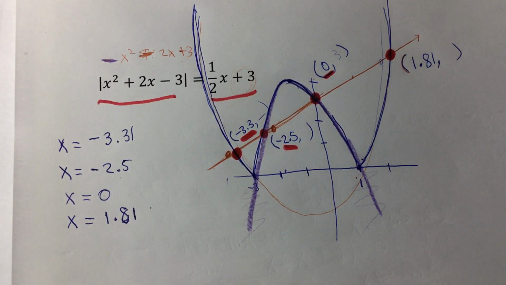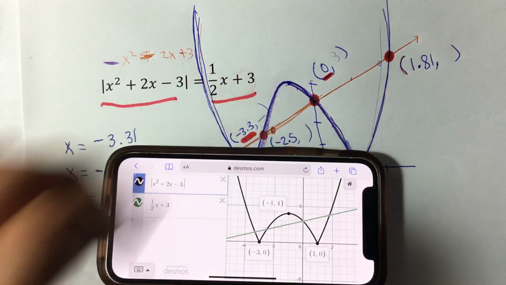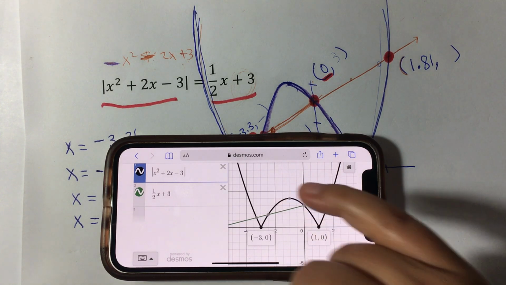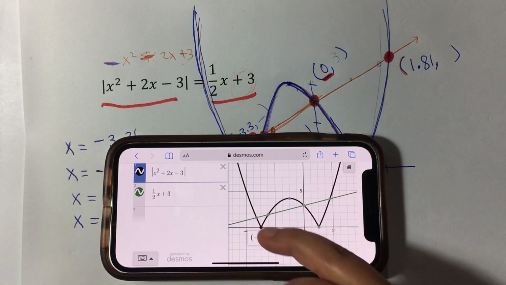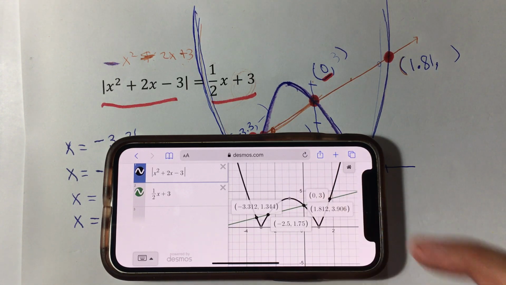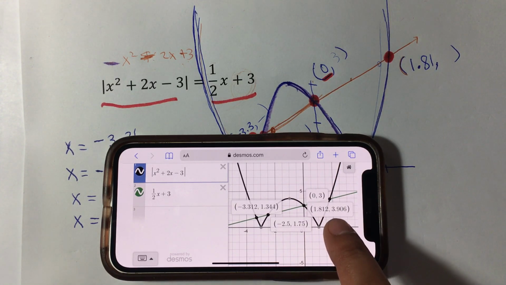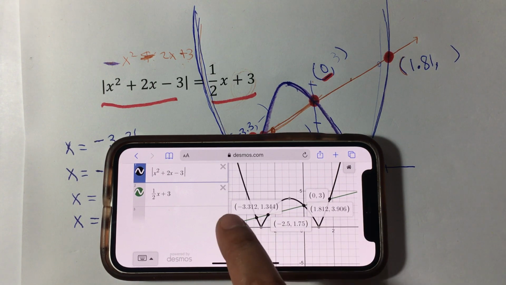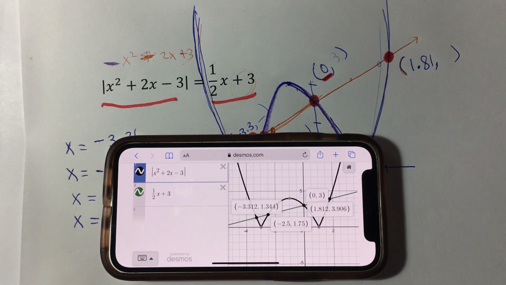But yeah, that's how you use Desmos, or any other technology that will help you see or find those values. Okay, that just helped me guide myself, but what matters is the x values were these 4 points: 1.81, 0, -2.5, -3.3.